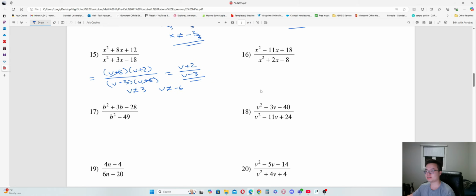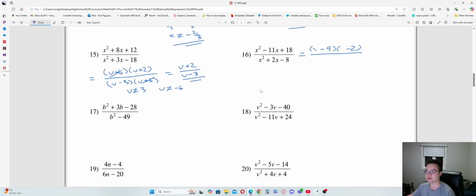Next, question 16. Again, it's still inspection, both numerator and denominator. So I will have v minus 9 and v minus 2 over, it's not v, I mistook the variable as v from the previous question, so let's change that.